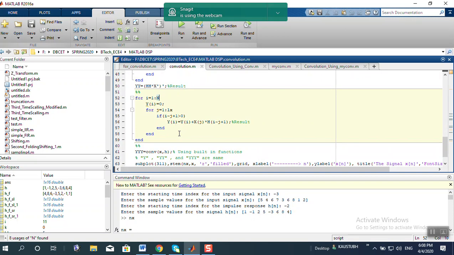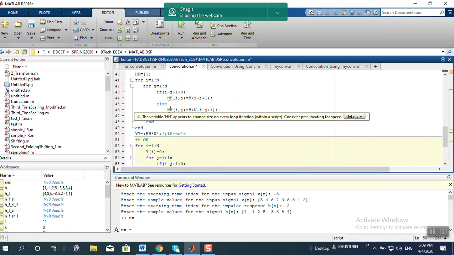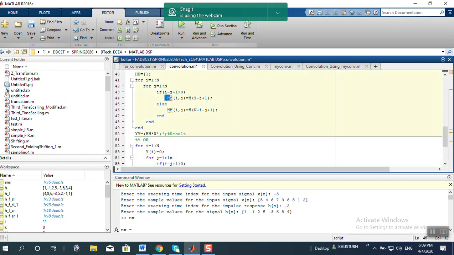The same thing you can do either this way or you can do it using this also. Here the matrix is created separately, that H matrix out of H of n, and then multiply and take the summation. This single star is multiplication and summation. Folding and shifting is done here, and then multiplication and summation is here.